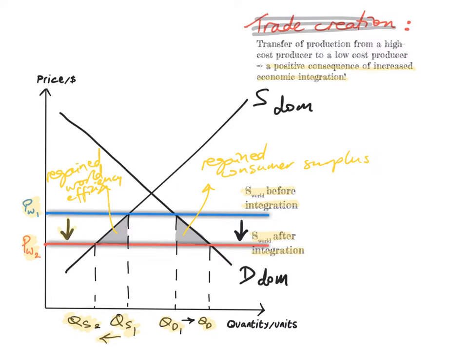So this is a situation of trade creation. Production has transferred from a high-cost producer, which is the domestic producer, to a low-cost producer, which is the producer from this country with which you have just increased the level of economic integration.